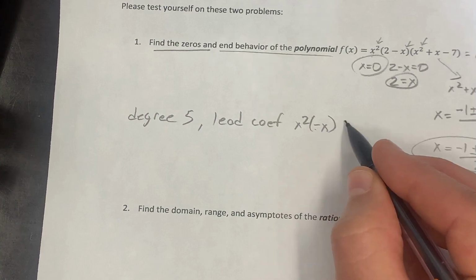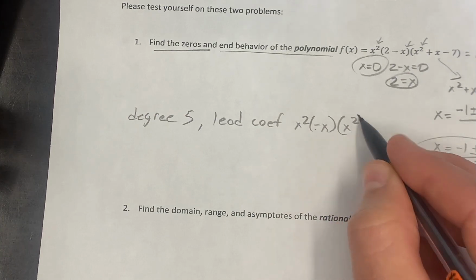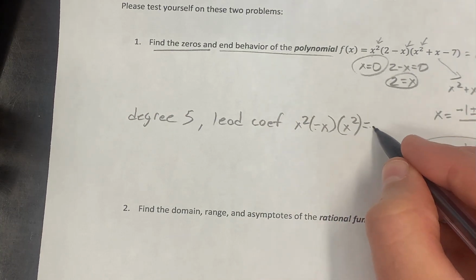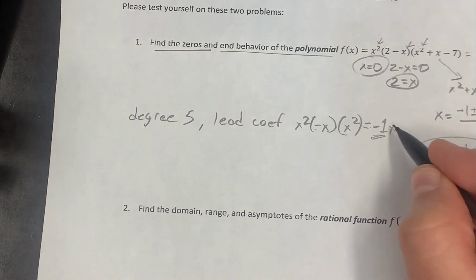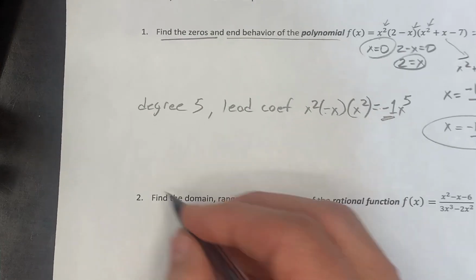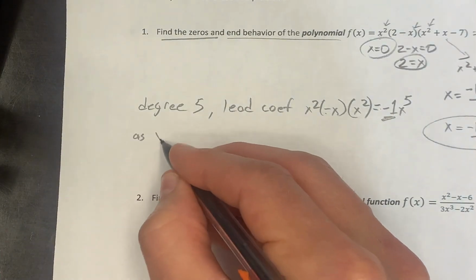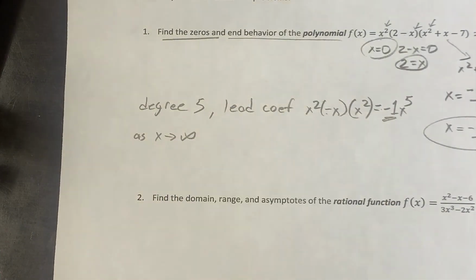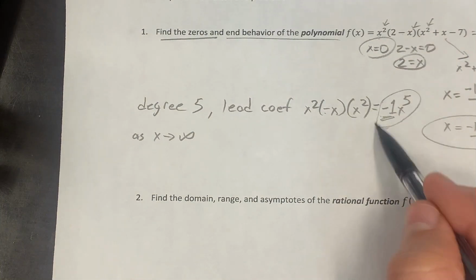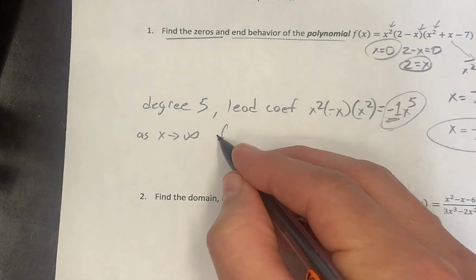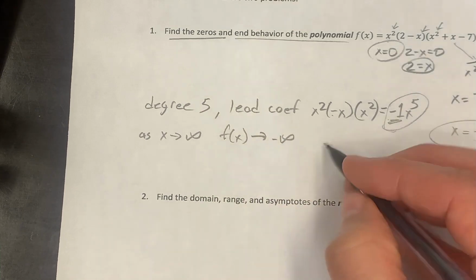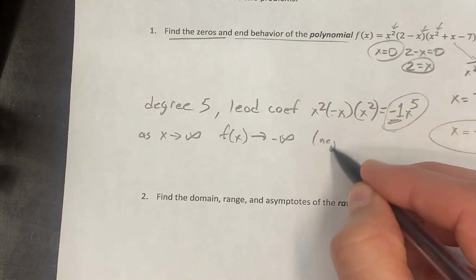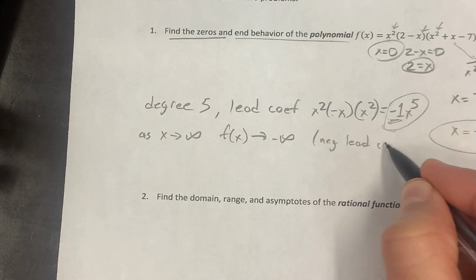Negative x times x squared. The lead coefficient is actually going to be negative 1, right? So that's the lead coefficient, x to the 5th. So as x goes to infinity, if this is the term that really matters the most, f of x is going to go to negative infinity because there's a negative lead coefficient.